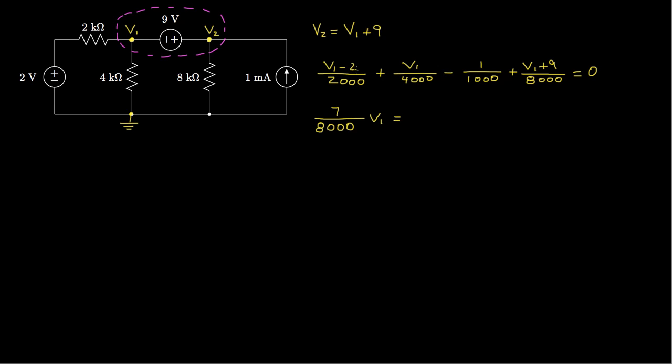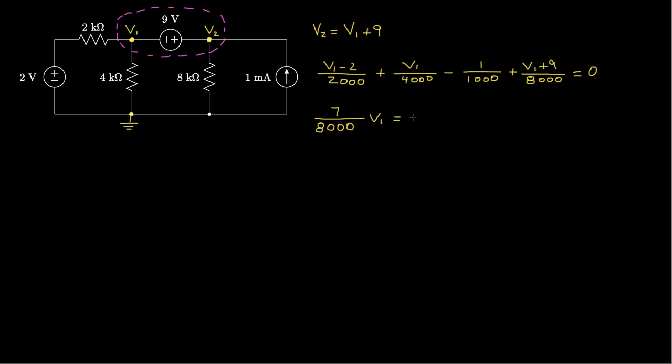So we have a negative 2 over 2,000, negative 1 over 1,000, and a 9 over 8,000. If we put all of those over 8,000, we'll multiply by 4, so we'll have a negative 8 over 8,000, another negative 8 over 8,000, and a positive 9 over 8,000. That'll leave us with a negative 7 over 8,000.